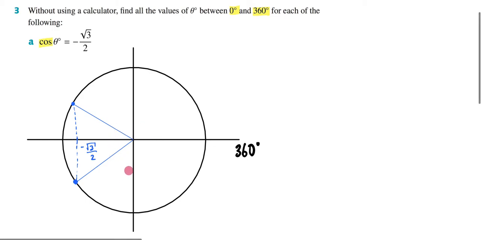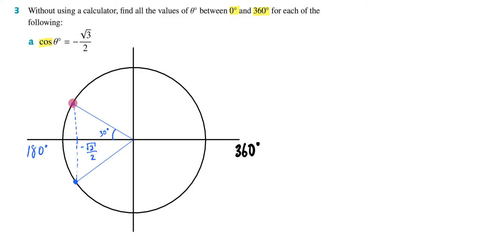Perfect. All right, so let's just stop and think about different angles at this point. So I know that if I go around to here, it's going to be 180 degrees. And I know this angle, this distance right here from here to here is 30 degrees. I know this is 30 degrees.